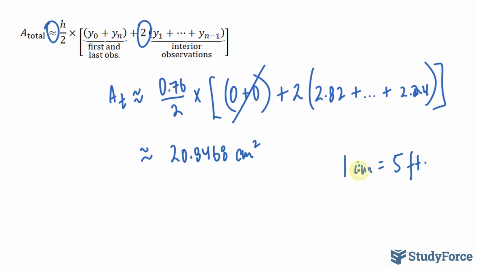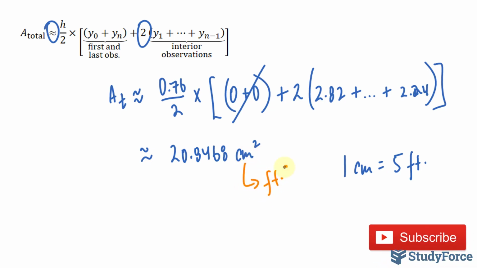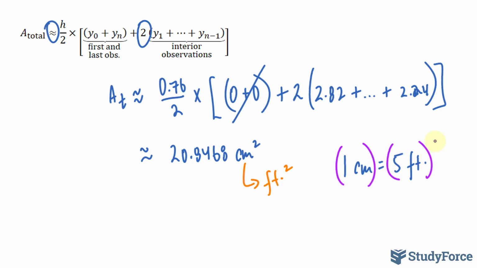Because our scale factor has units that are not squared, and we want to find the area in feet squared, what we have to do is square both sides of our scale factor. And what this ends up giving us is 1 centimeter squared is equal to 25 feet squared. 5 to the power of 2 is 25, and feet to the power of 2 is feet squared.